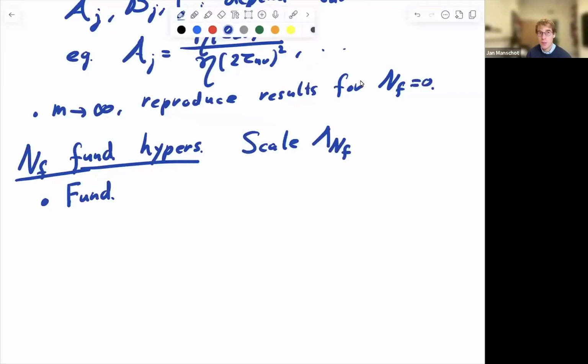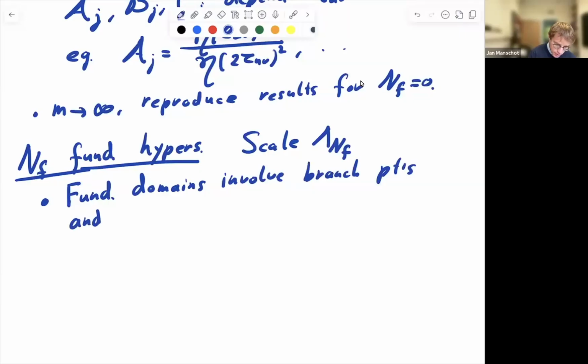They start to include branch cuts and branch points, and depend on the masses m_j.